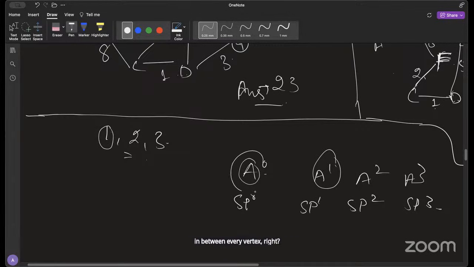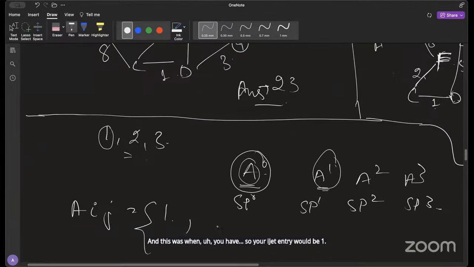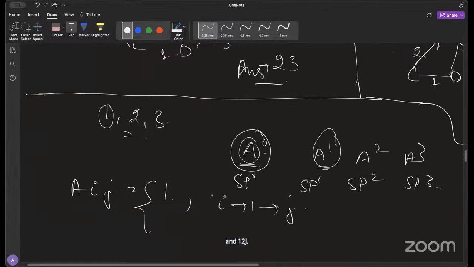This was your usual adjacency matrix. And this was when you have, so your ijth entry would be 1 if you have i to 1 and 1 to j. Or it was not about 1 because there are weights here too, right? So you used to take these weights. Let's say you have weight 4 here and 3 here, then you will be taking aij as 7, right?